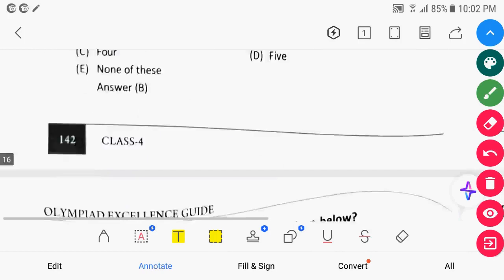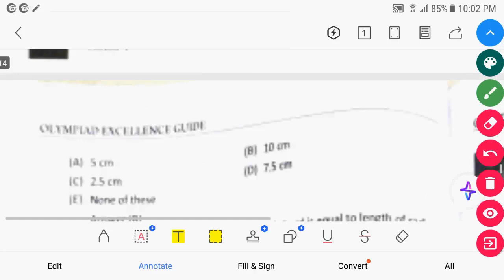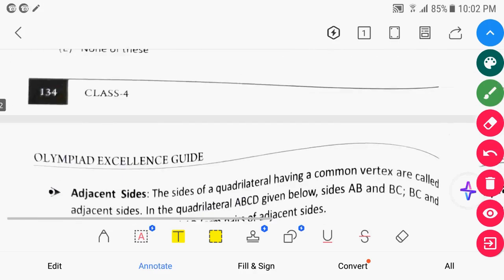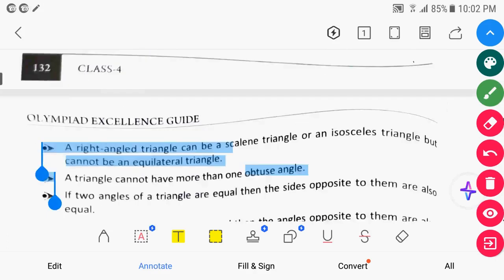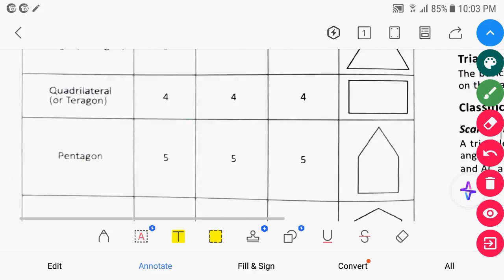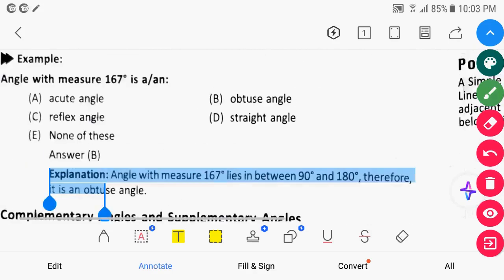First we'll learn all the topics. Then we'll solve the examples also. But today we will stop here. The remaining topics we'll take tomorrow.